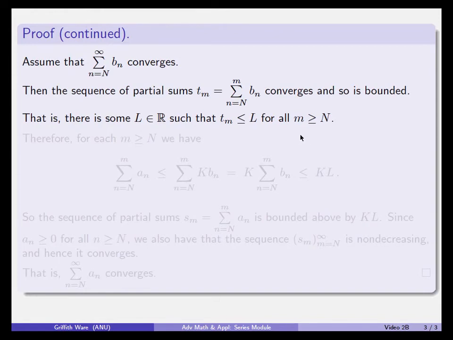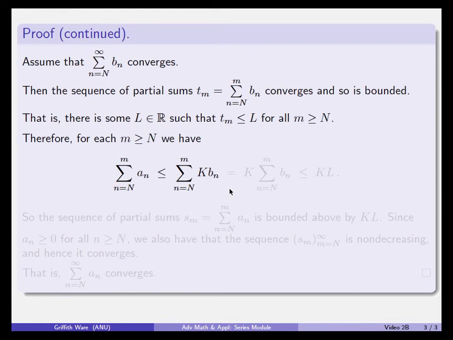And the possible m in this case are the ones greater than or equal to capital N. So for each m, we know that this partial sum is just some finite sum of numbers, and the conditions on the theorem tell us that for all n greater than or equal to capital N, these terms are less than or equal to k multiples of these terms. So this partial sum must be less than or equal to this whole partial sum. That's just adding up a finite number of inequalities.